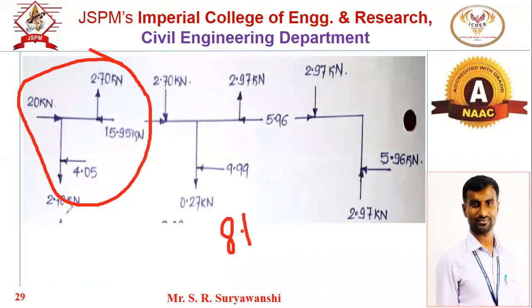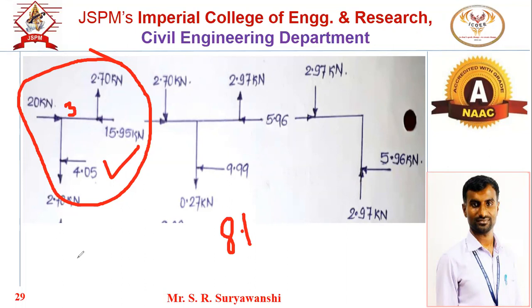Yes, I think this distance is 3 meter. Total span is 6 meter. So L by 2 is 3. So what is the shear force in this diagram? Who will tell? 2.7. Correct. Good. 2.7.